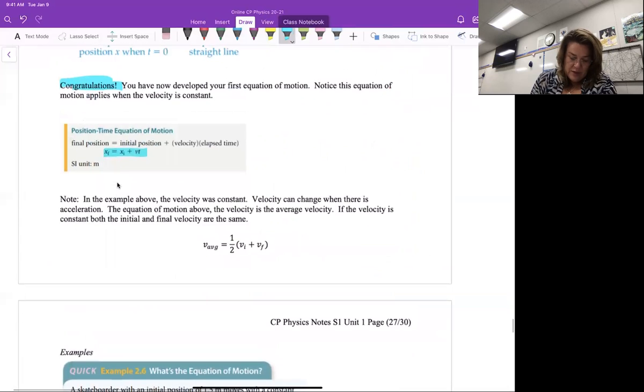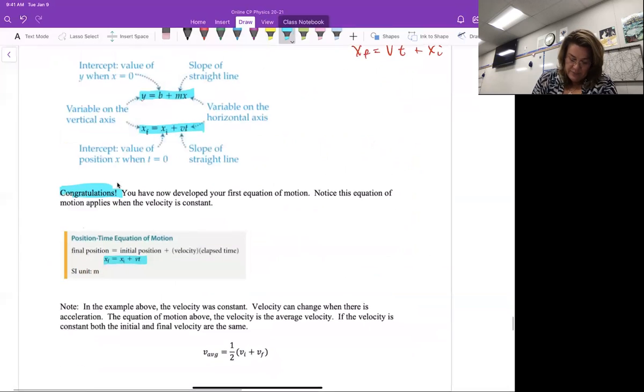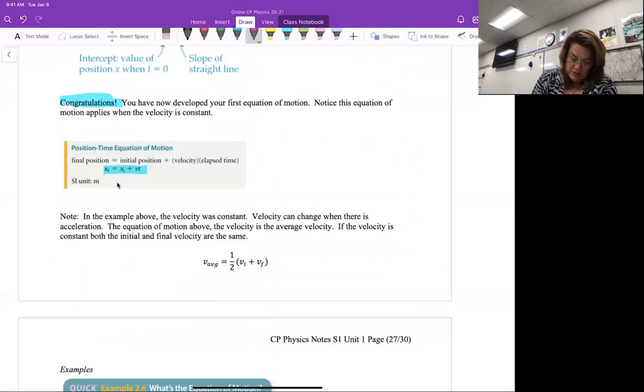By the way, that is the average velocity in that equation. And what do we do when we want to take the average? We add the two values up and divide by 2. In this case, the average velocity is the same, because the initial and the final velocity are the same. It's constant, but it's not always constant. Right now, we're dealing with acceleration equal to 0.